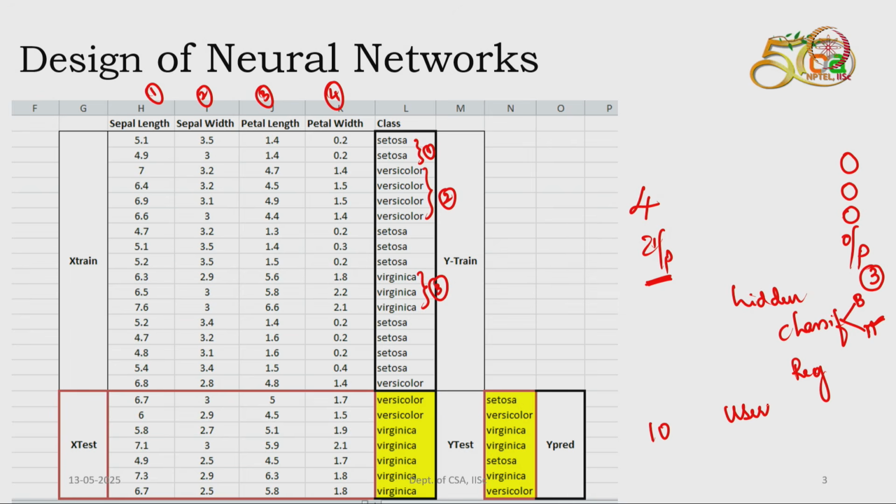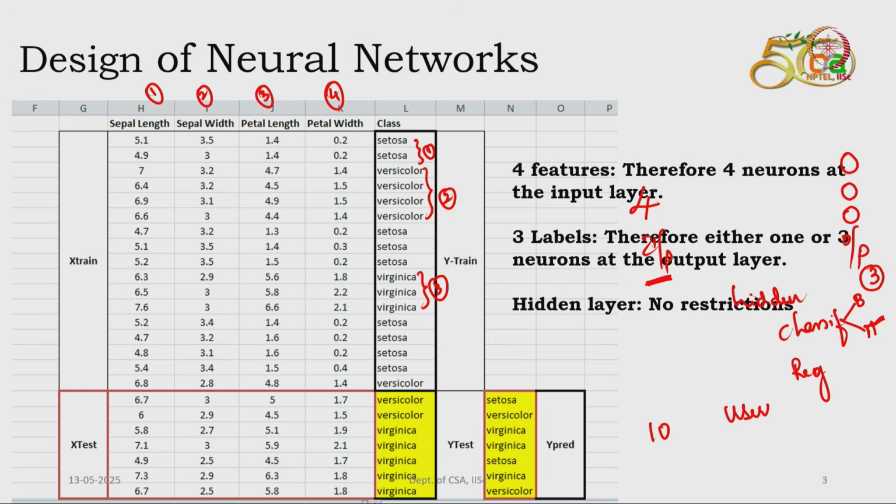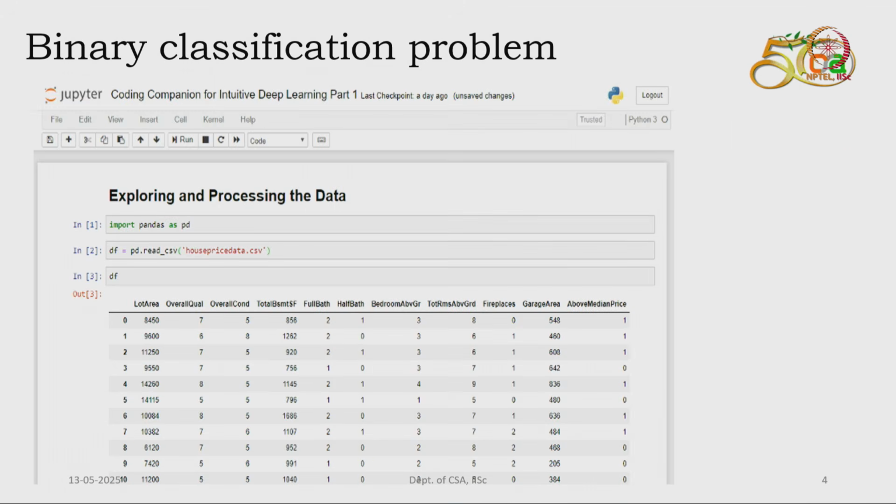For every data set, the number of hidden layers and the number of neurons that we select at a hidden layer will vary. So this is what we have discussed. Because there are 4 features, we see that there are 4, and in the multi-class classification there are 3 labels, and for the hidden layer, as we have seen, there is no restriction.